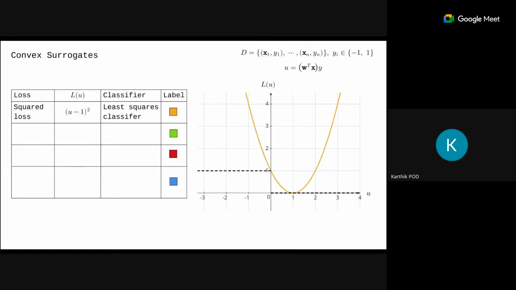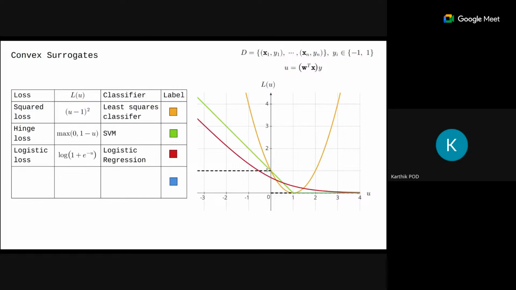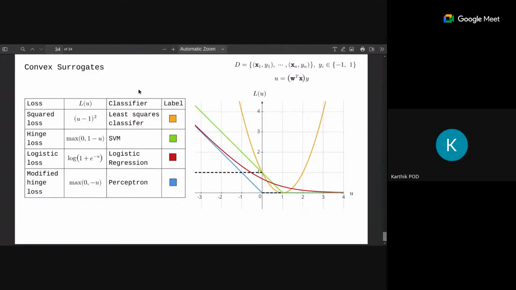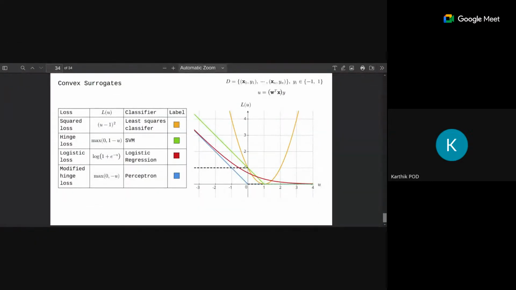So this is the 0-1 loss, this is your hinge loss, this is the logistic loss for logistic regression, and you have your perceptron loss. So these give you the 4 convex surrogates for the models that we have seen. This is an end-term question. So that's all there is to this part of the lecture in week 12.